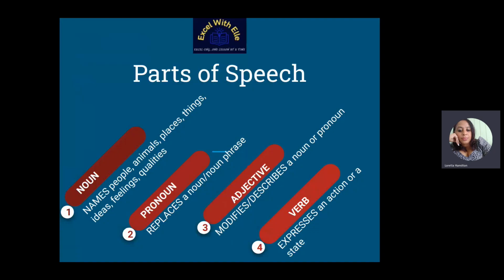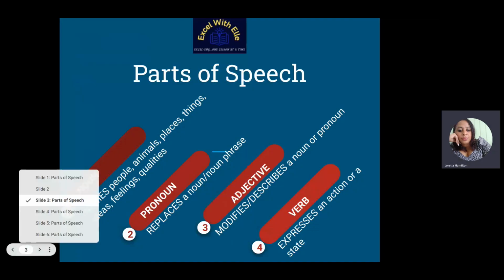When I use the word modify, take it to mean to add to. Okay, so words that add to, they modify or they describe a noun or a pronoun, we call those words adjectives. Additionally, there are some words and their function is to express an action or to express a state of being. So these words that function or these words that do the work of expressing an action or a state of being, we call those words verbs.